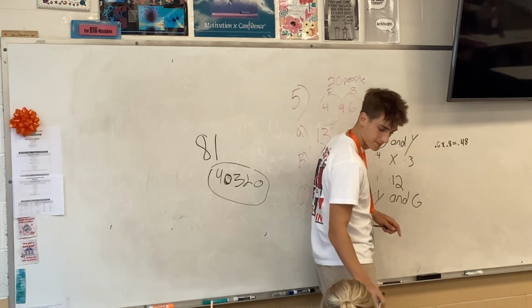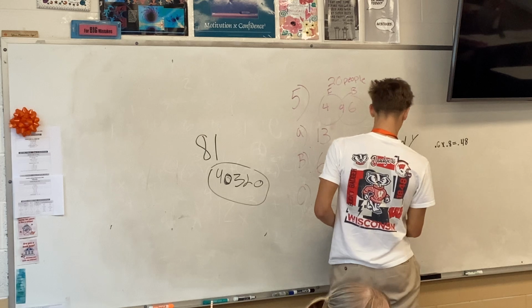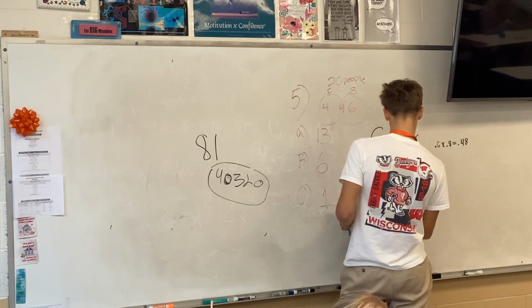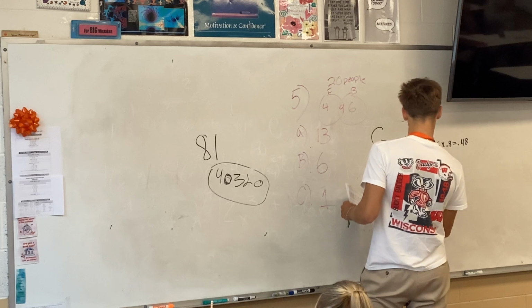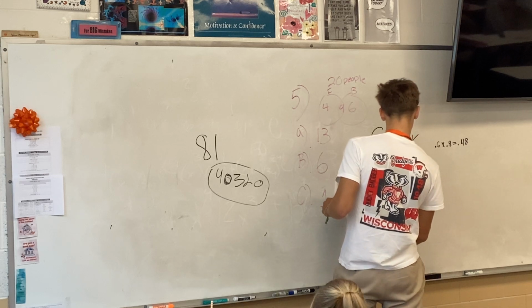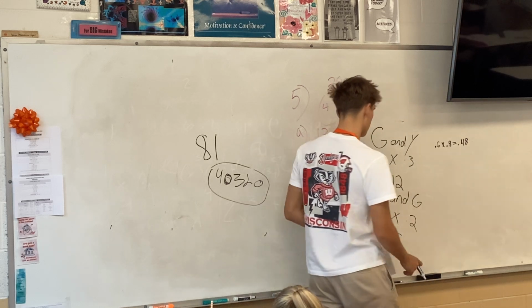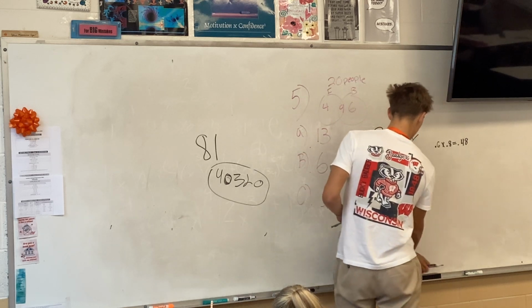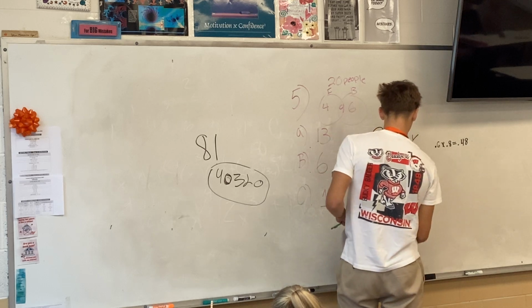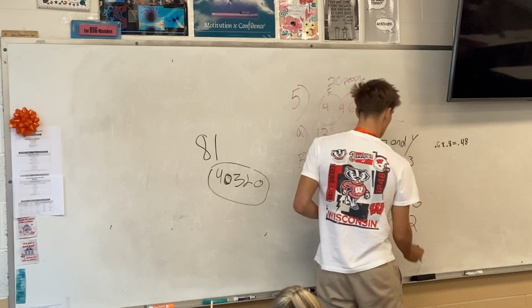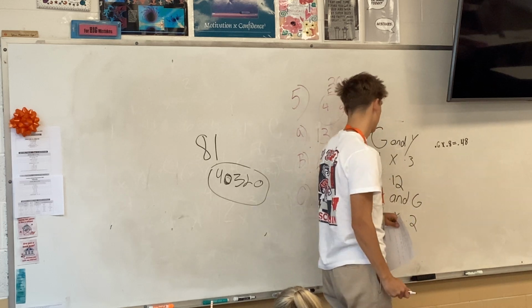So what is Olivia's yellow? Olivia's yellow is 0.3, and Thomas's green? You're multiplying them. So what do we get? Use your calculator. What do you get when you multiply them? 0.06.